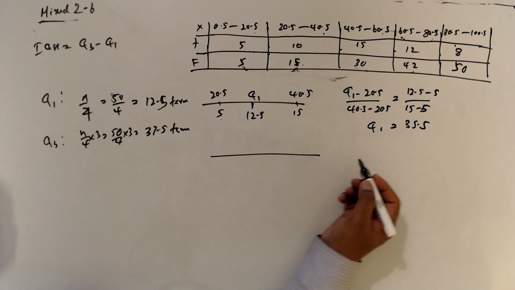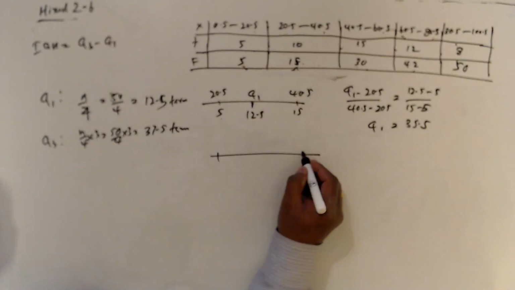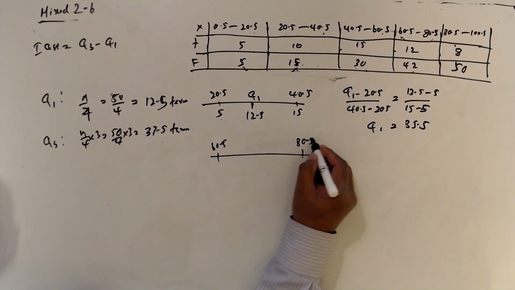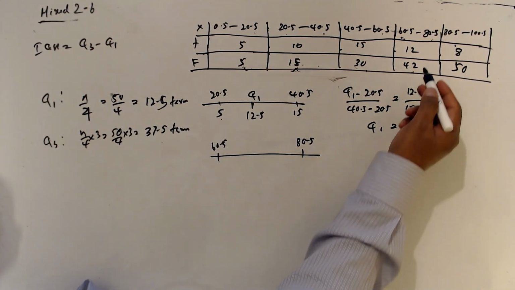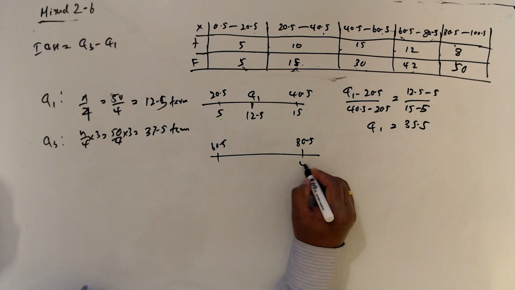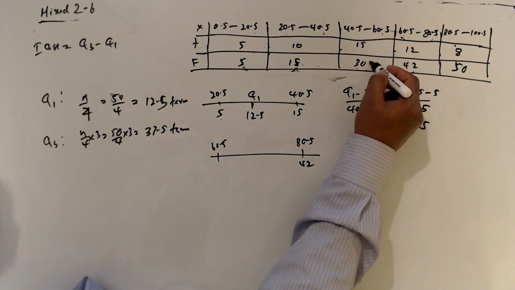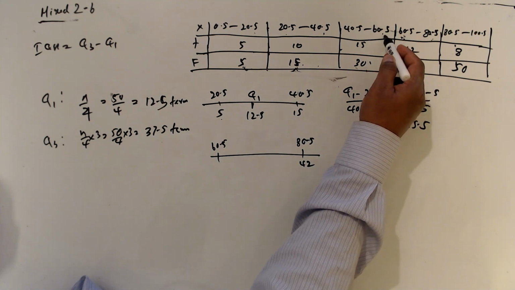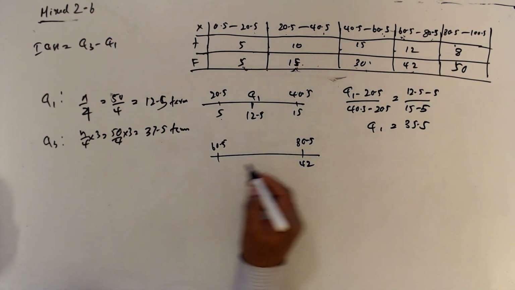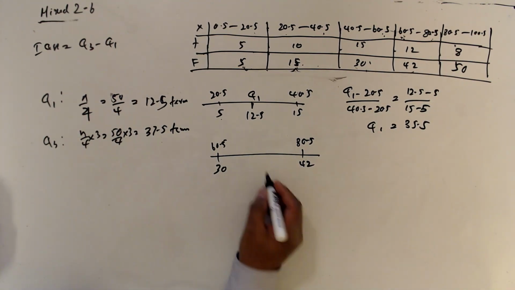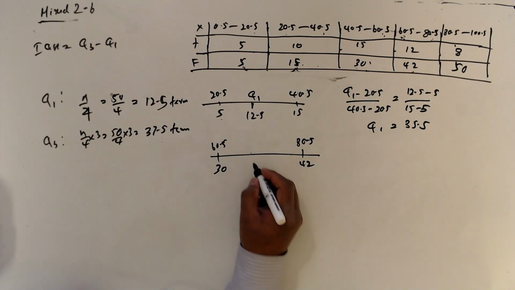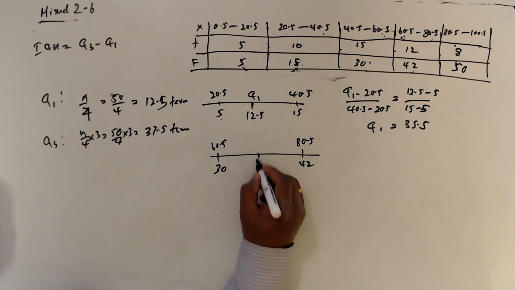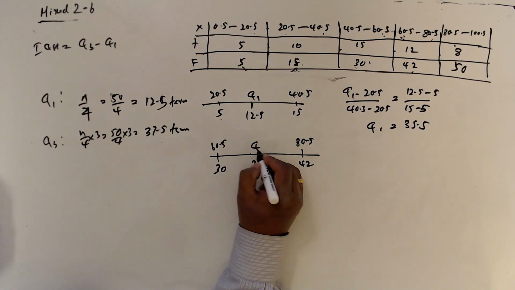So 60.5 and 80.5. At 80.5, 42. At 60.5, the end of this one, which is 30. So this is going to be 45, and this is Q3.